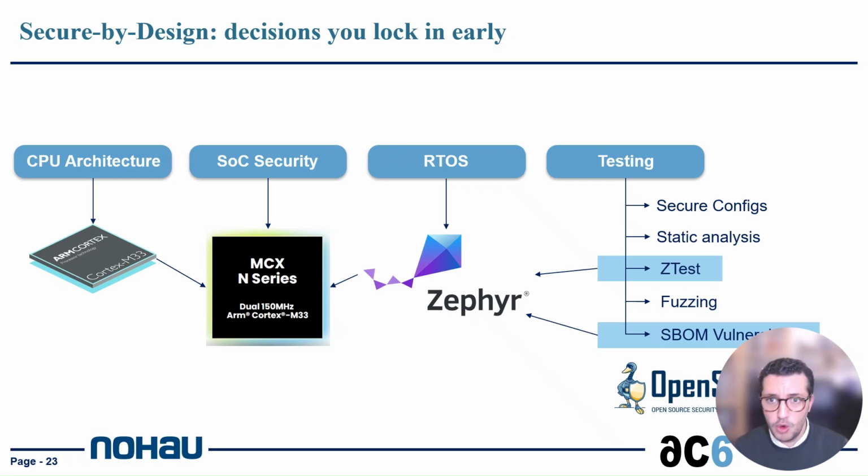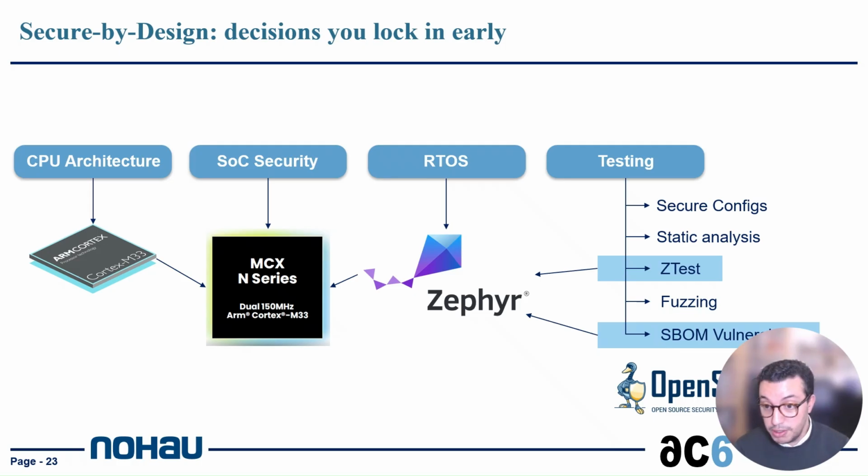It gives us repeatable automated unit and integration tests that can run on real hardware or in simulation like native_sim. So we can verify correct behavior of secure services and correct enforcement of security policies. This will provide us both functional evidence and can also help us with the documentation that will be mandated later in Annex, I think, VII.